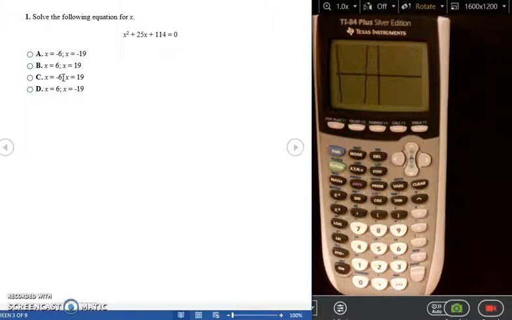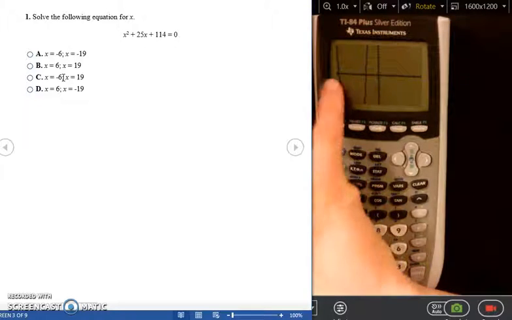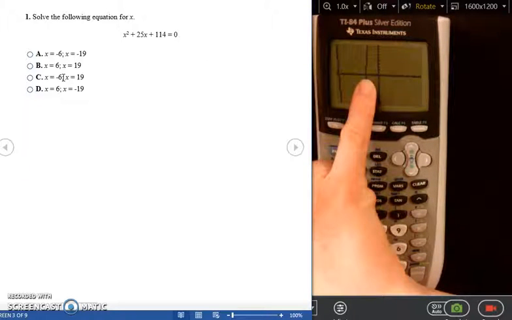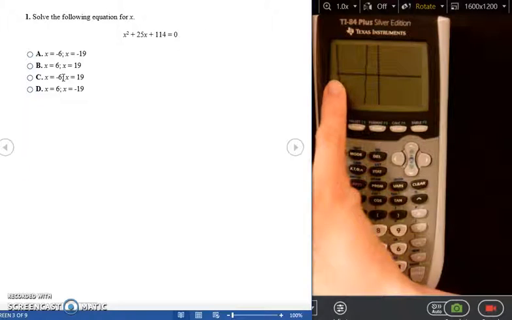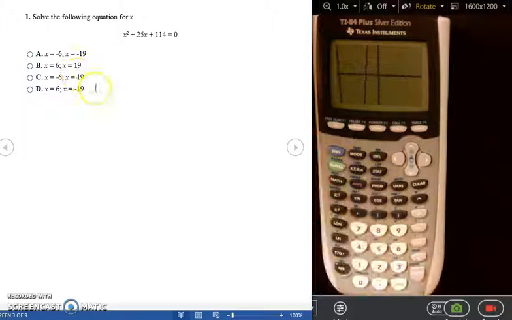And so right away I can see that the parabola crosses at two negative x-intercepts. And so right away I can see the only answer that has two negative numbers is A. And so I'm thinking that's going to be my answer.